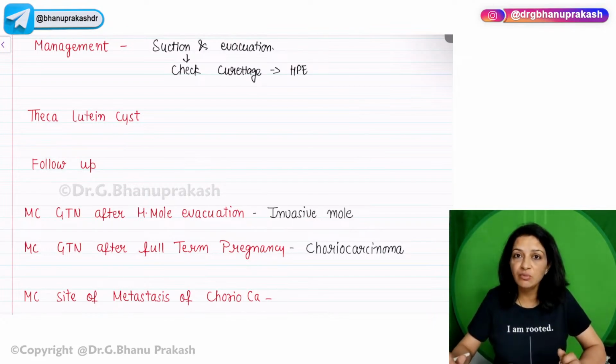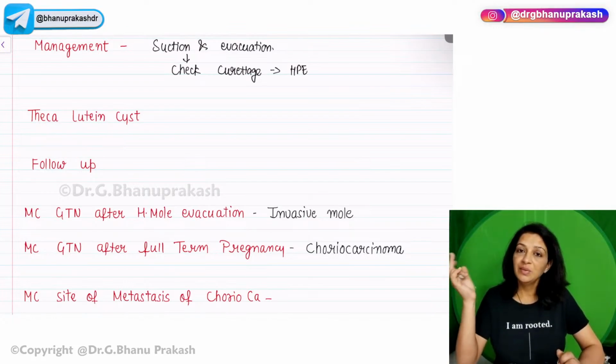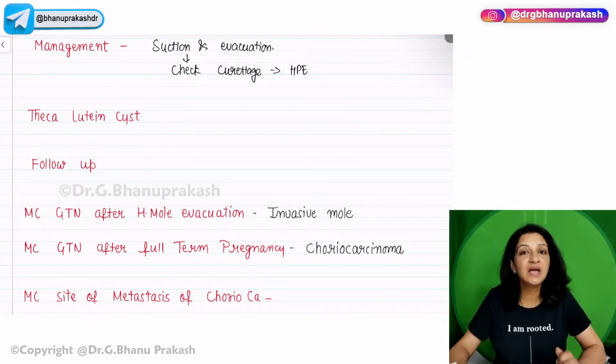That is why in complete mole, if beta HCG levels are high, the patient gets complications: hyperthyroidism and theca lutein cyst because of raised LH.